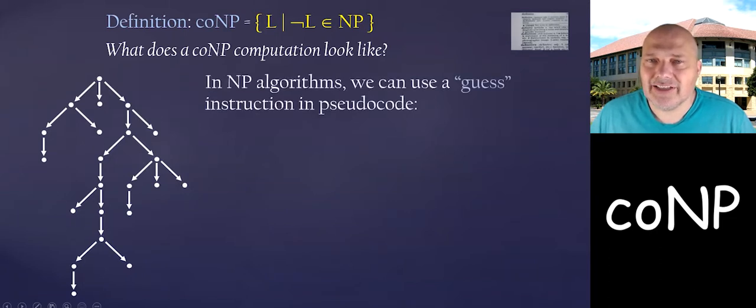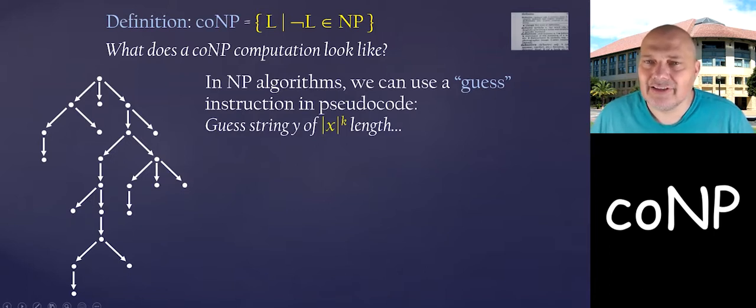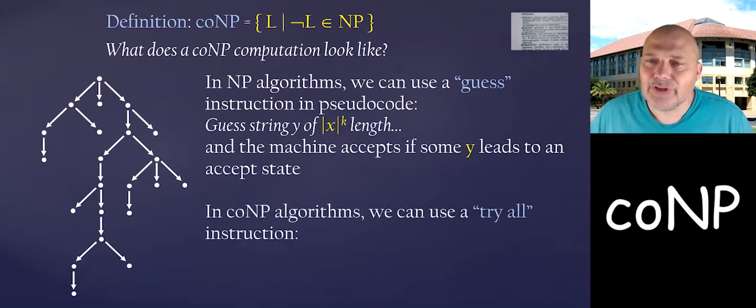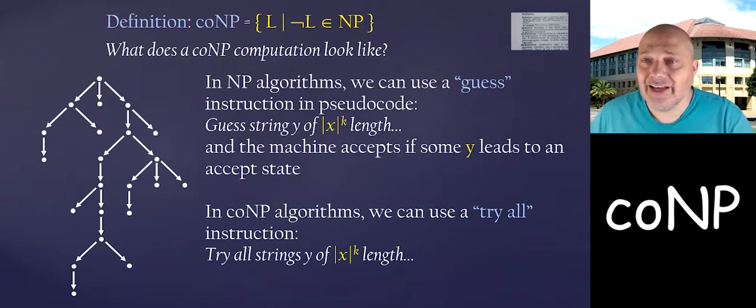So in an NP algorithm, we can guess, and use it in our pseudocode, a string of some polynomial length, and the machine accepts if there is some guess that leads to an accept state. In a co-NP algorithm, we can try all. Instead of guessing the one good one, we can try all strings y of length n to the k and see something about them.